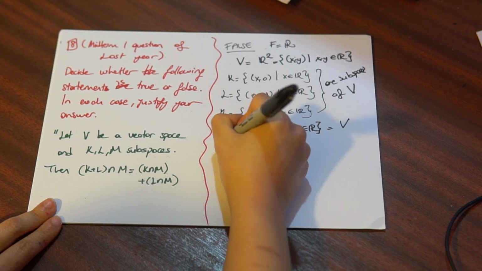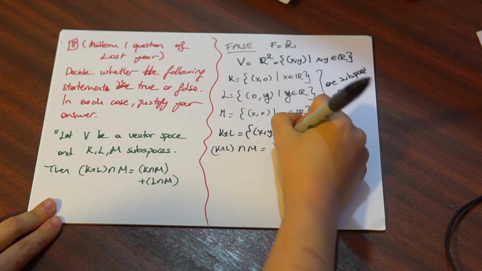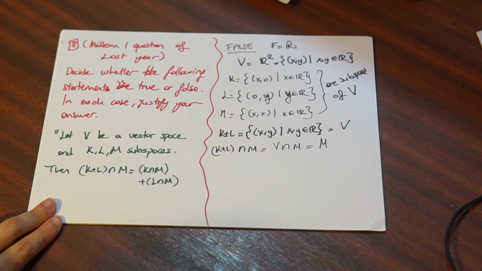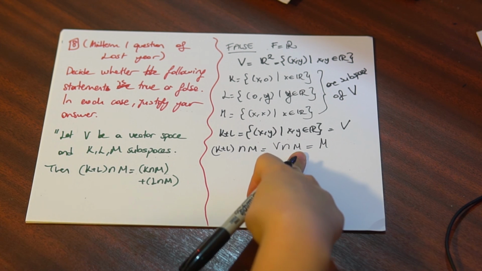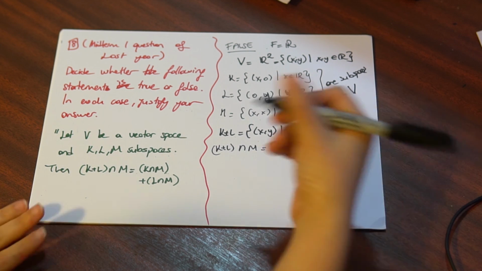So K plus L intersection M is equal to V intersection M, which is equal to M, since M is a subspace of V.